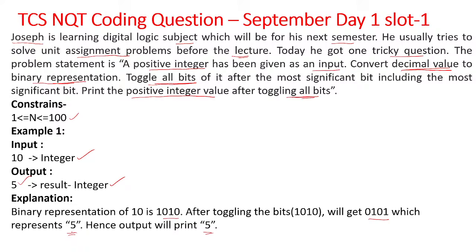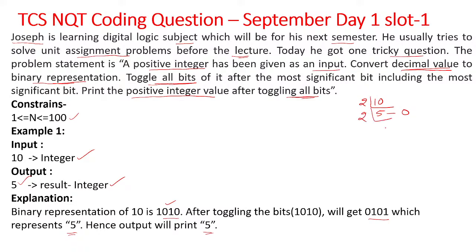Now this is the given question. Input 10 is given and 5 should be the output. So how do we get this binary representation? We know how we can convert 10 into binary form. By dividing 10 by 2, you should catch all the remainders. 2 fives are 10, the remainder is 0.